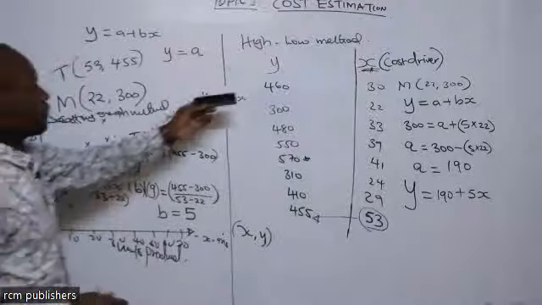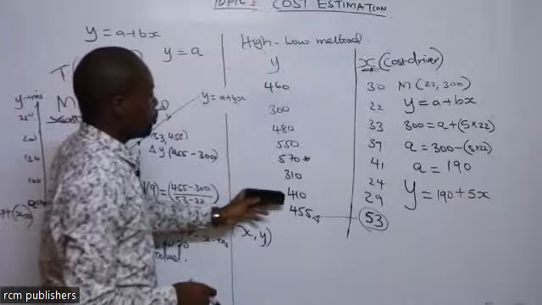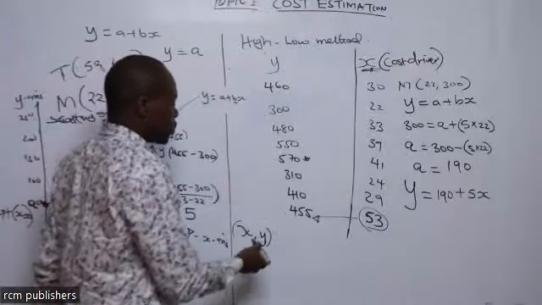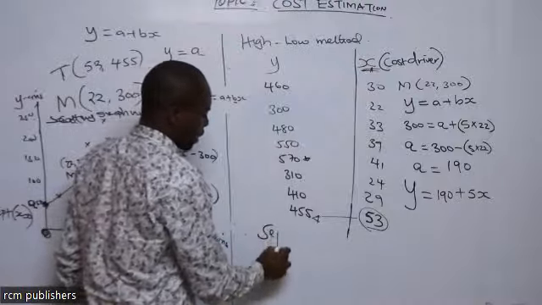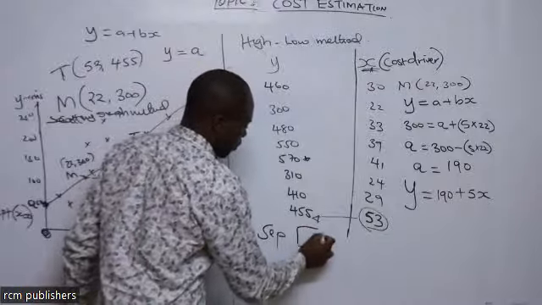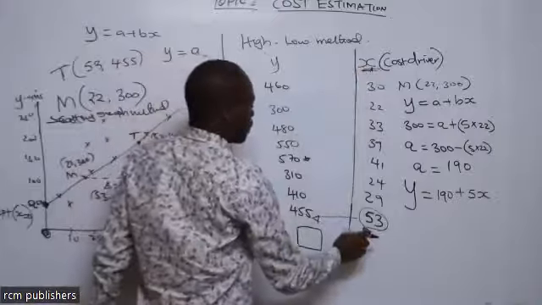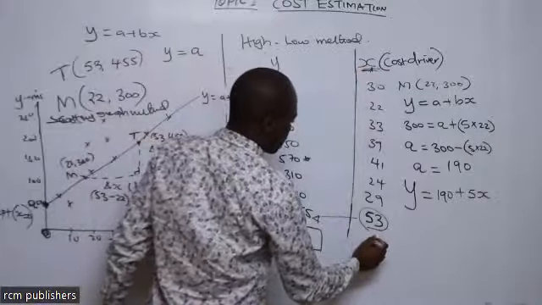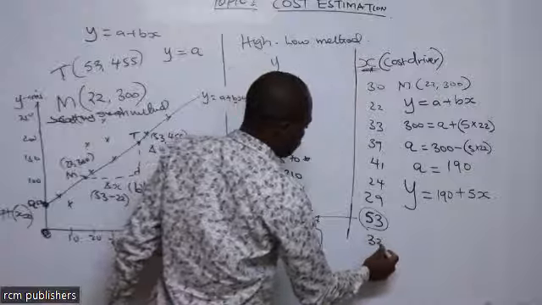If this was for the month of January, February, March, April, May, June, July, August, then you are being told that in the month of September we do not know the cost. The only thing we know is that the units produced in that particular month was 32.